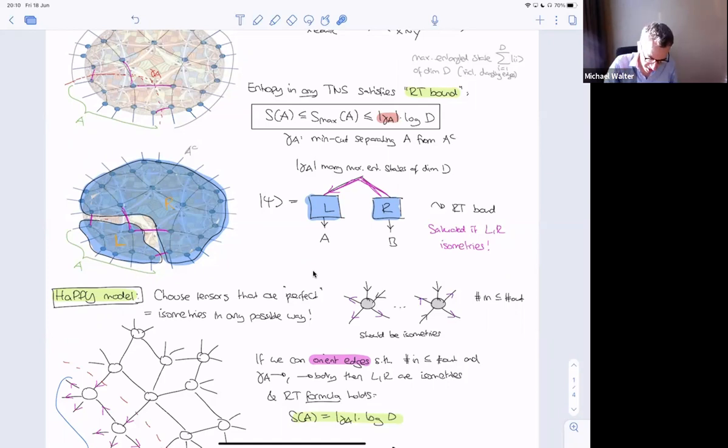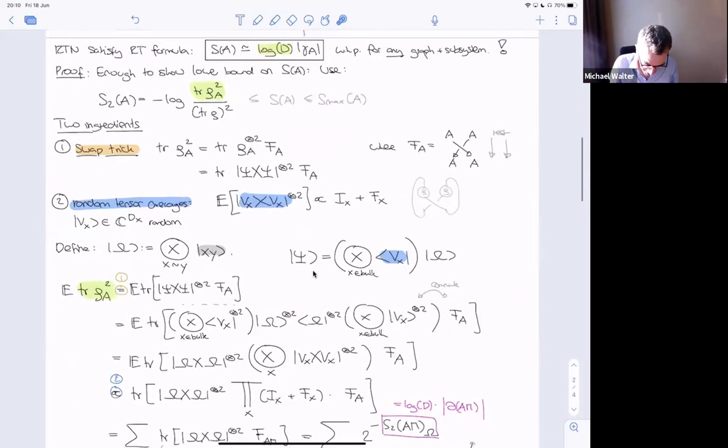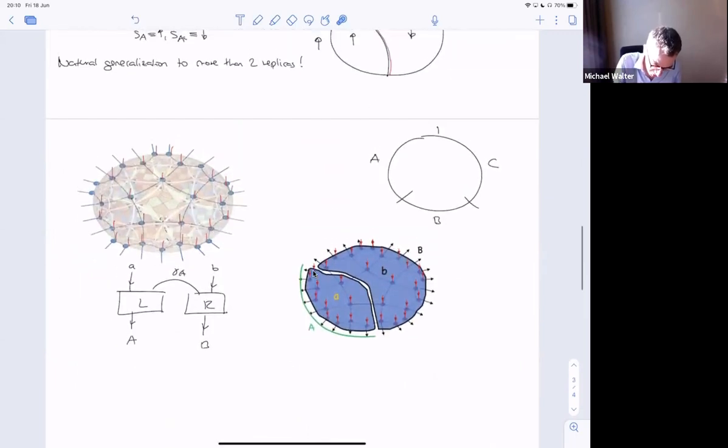We saw this in the Petz model, right? You can take a local operator at a bulk site and push it out to the boundary. But of course, the further in you start, the less local it is on the boundary.